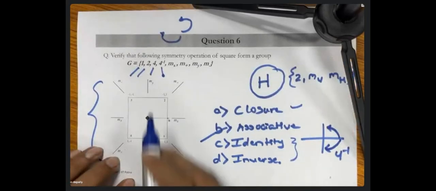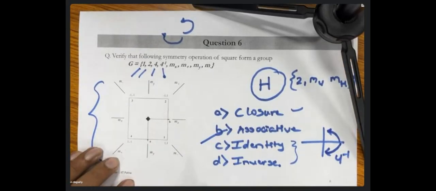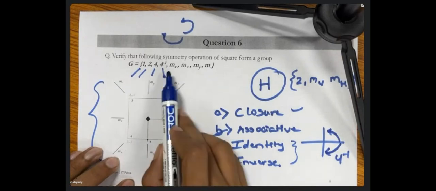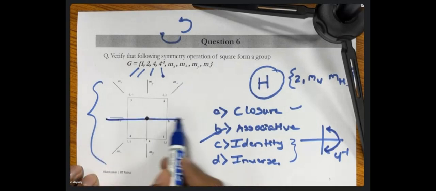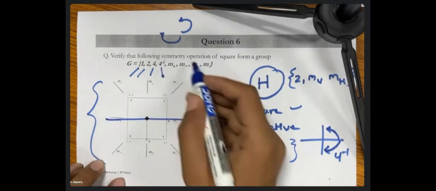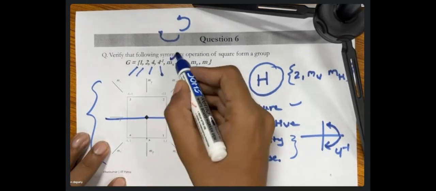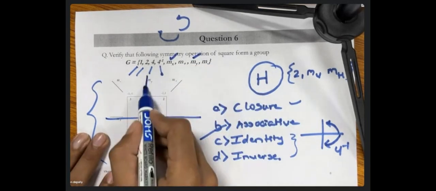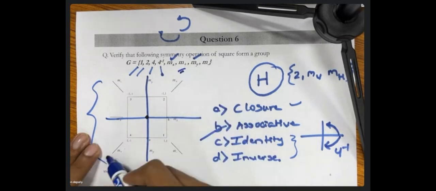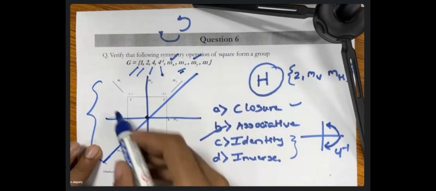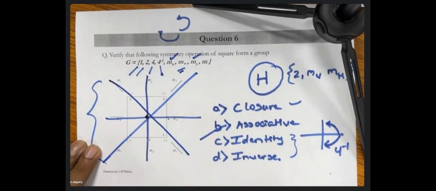And that's what we can say that the four inverse is there. Mx, that is the mirror along the x, that is talking about this particular mirror. My is a vertical mirror, and then m plus is a diagonal mirror, m minus is again a diagonal mirror.